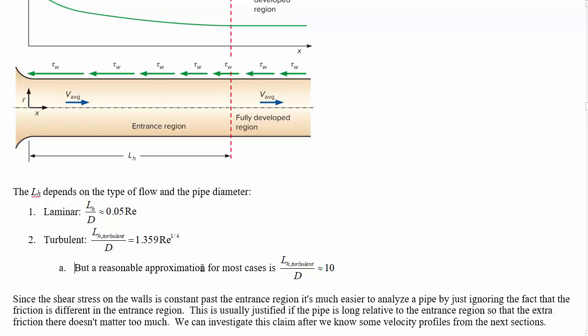But there's a reasonable approximation that's okay for most cases, and that's just saying that in turbulent flow, the entrance length is about 10 diameters. So if the diameter were maybe 10 centimeters, then 1 meter into the pipe in turbulent flow, you would have fair confidence that the flow is now fully developed in turbulence.